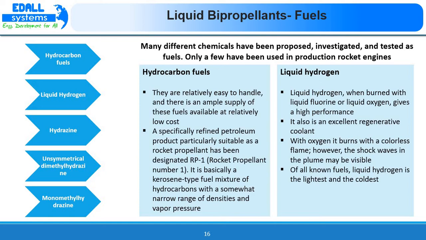Hydrocarbon fuels are relatively easy to handle, and there is an ample supply of these fuels available at relatively low cost. A specifically refined petroleum product particularly suitable as a rocket propellant has been designated RP-1, that is, rocket propellant number 1.